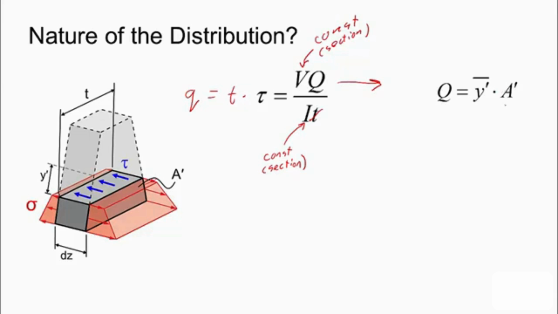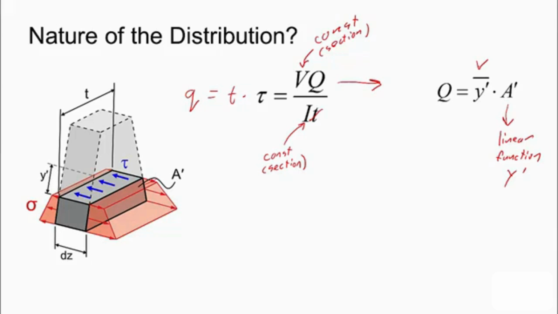Now if we look at the area A prime, it's going to be a linear function of y prime. It's going to decrease with increasing y prime in a linear fashion. You can formulate that, and we'll do it in some later examples, but it should be pretty clear that that area will decrease linearly with distance from the neutral axis.